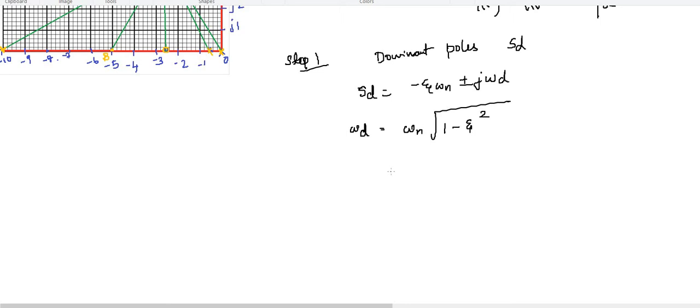By applying this equation, since we already know the values of theta and omega n, our s_d will be minus 2.5 plus or minus j 4.3. That is our dominant poles of the system.